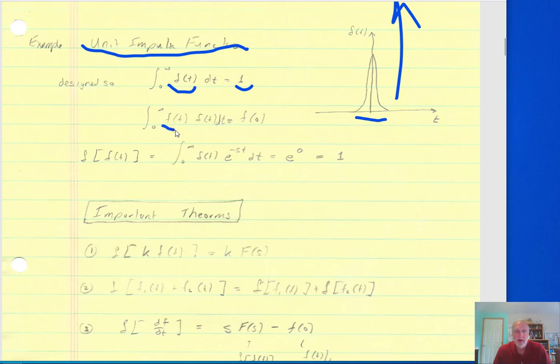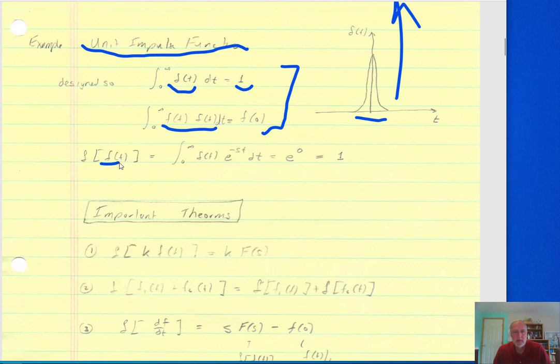And the other part of the definition, if you integrate a function f times the delta, the unit impulse, you get f evaluated at 0, which makes sense because the only place delta is non-zero is right there at the origin. So it picks off the value of f. This is how this function is defined inside an integral.